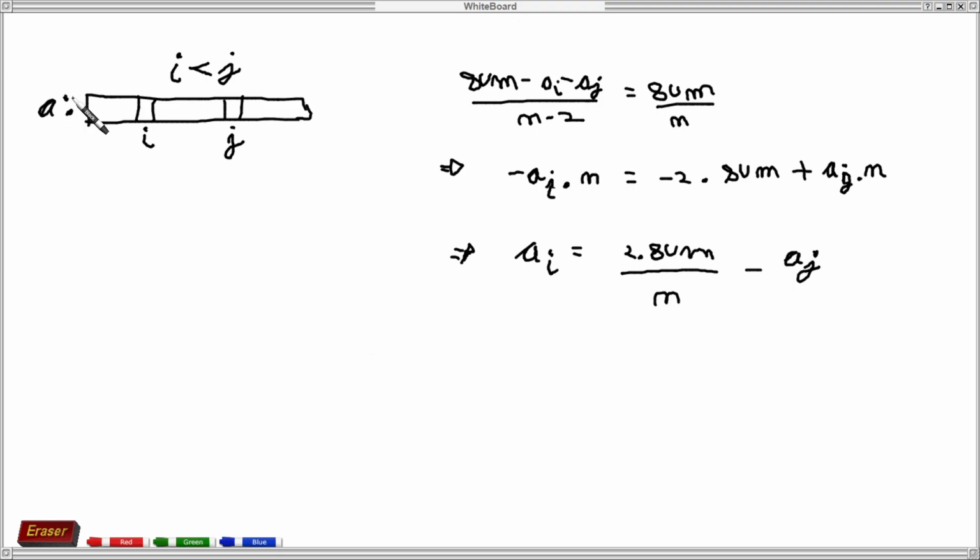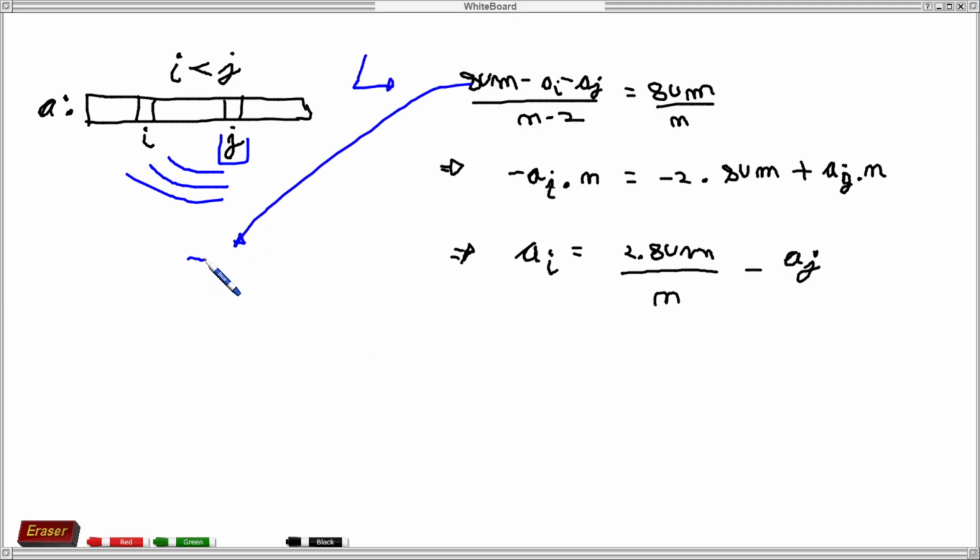Now we want to find the number of elements with which aj can form a pair. So let's try to see it mathematically. Let sum be the total sum of the array.